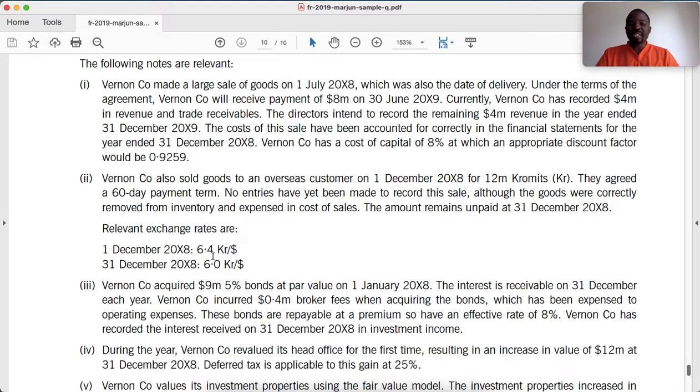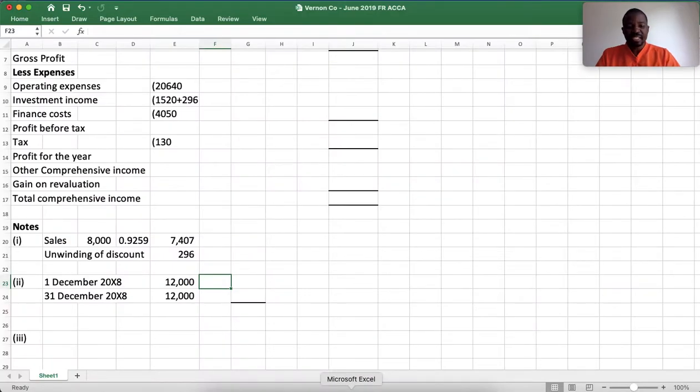The rate at 1 December is 6.4. 31 December it's 6.0. So now we translate 12 divided by 6.4, we get that much. We also say 12 divided by 6, we get this.